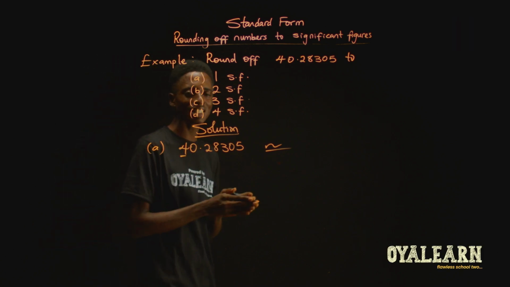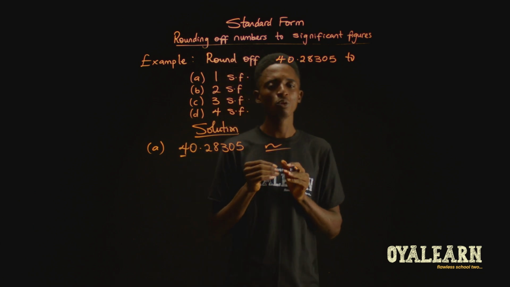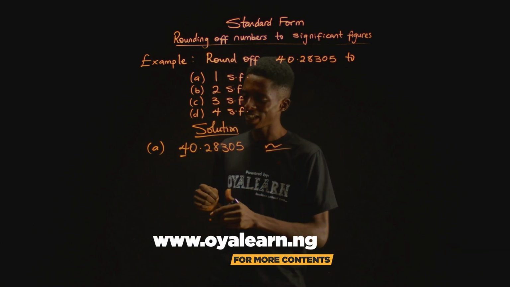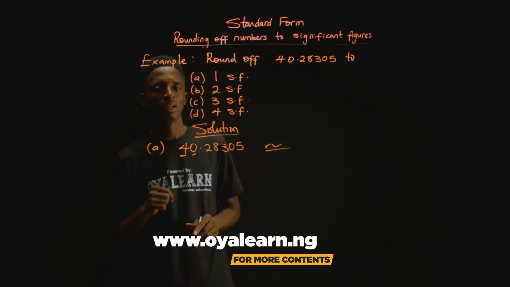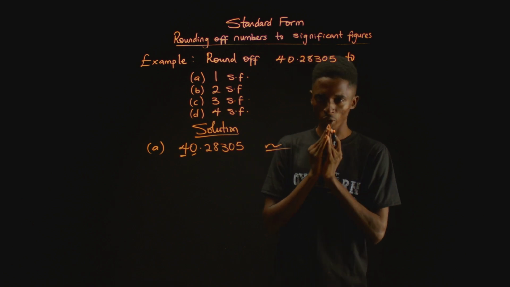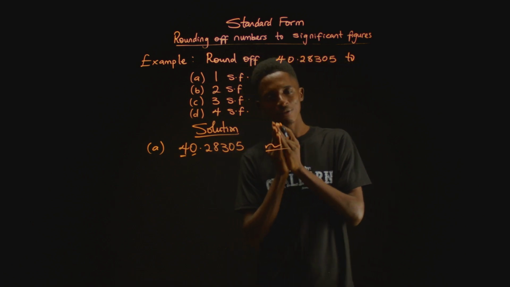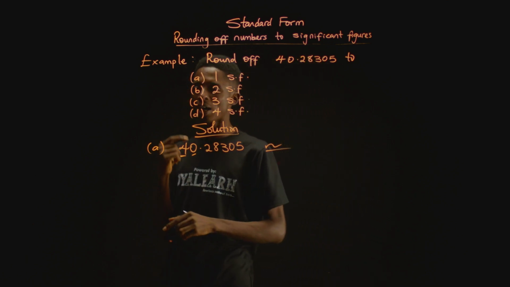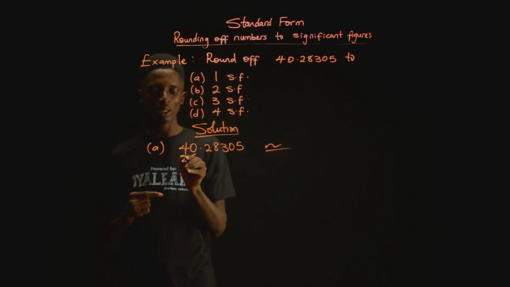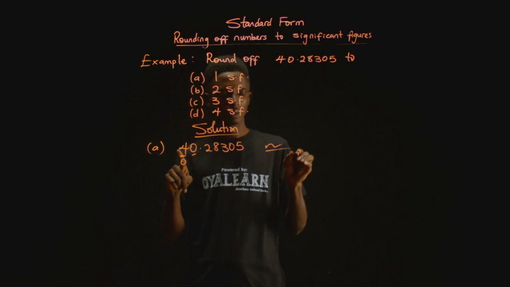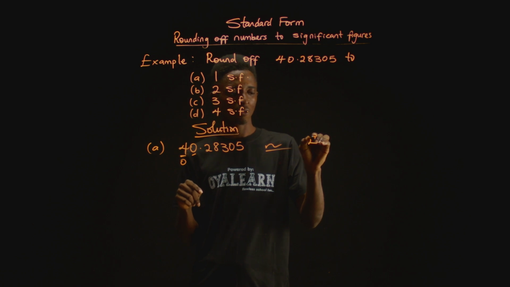Now that we've identified our rounding off point, we'll then take a look at the next digit to the right of the rounding off point, and that digit is 0. Do not forget that when it is 0 to 4, we round down, but when it is 5 to 9, we round up. So since this is 0, it means we are rounding down. That is, we only add 0 to the rounding off point. And that will give us 4 plus 0, 4.